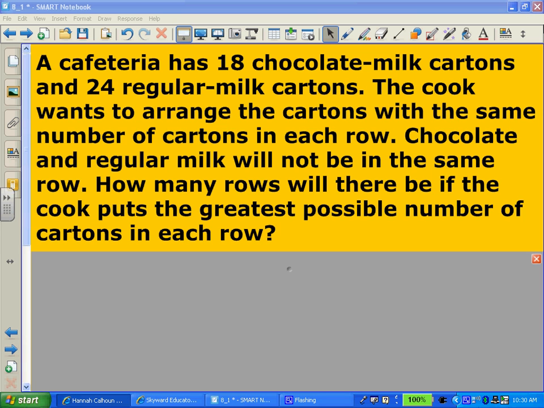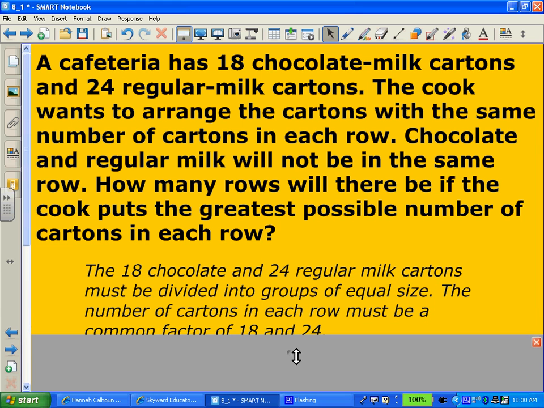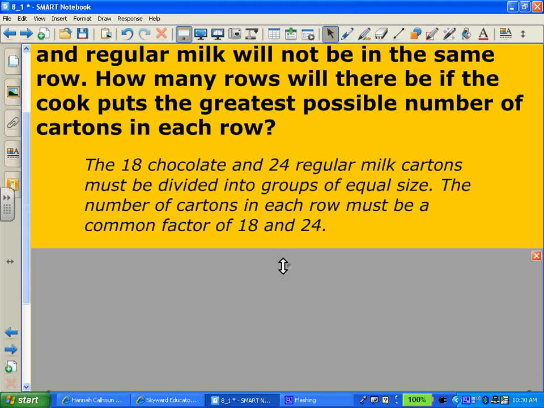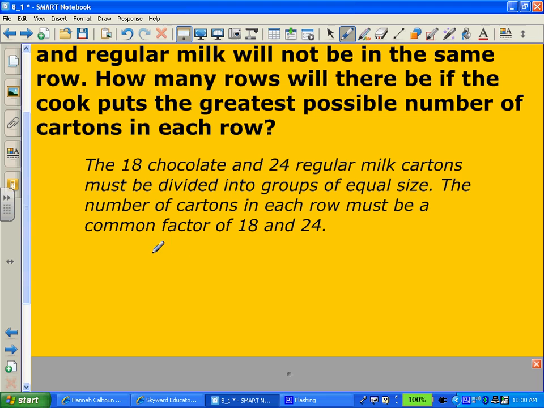How many rows will there be if the cook puts the greatest possible number of cartons in each row? Now, the first part of the story problem is that we need to figure out what is the greatest possible number of cartons in each row, for each row to be even. Alright, in order to find this, we need to figure out the GCF of 18 and 24.